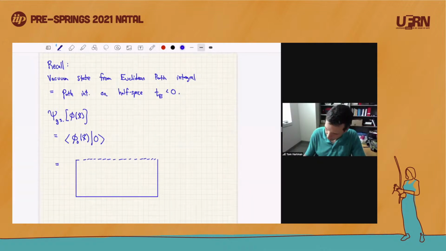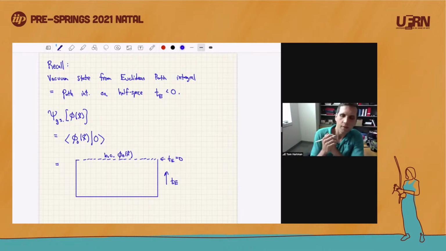So this is Euclidean time. So this is in 2 dimensions. This is the lower half plane. More generally, it would be a Euclidean half space. So this is Euclidean time 0, and we put a boundary condition on this dashed line, which is phi naught of x, and then we do the path integral on this half space. This calculates the ground state wave function.